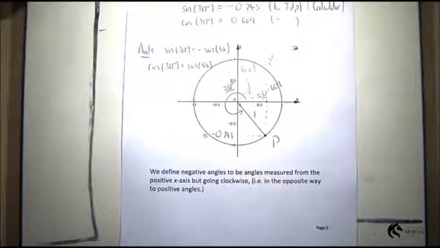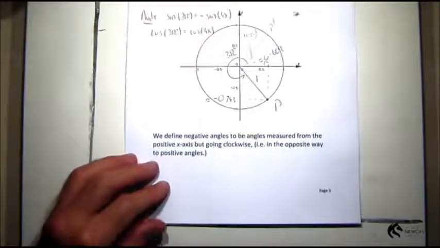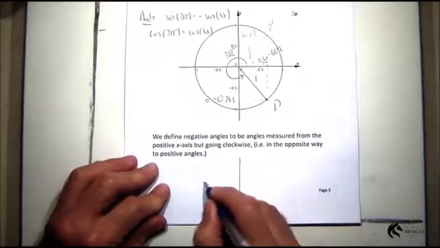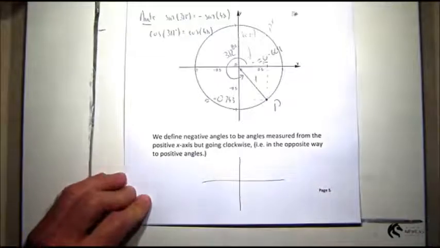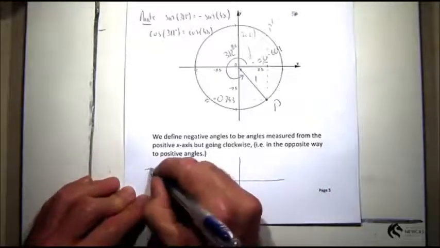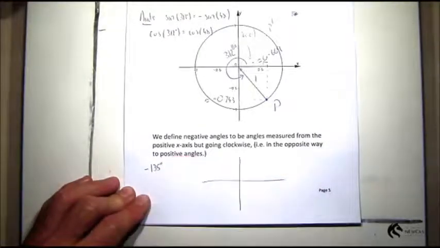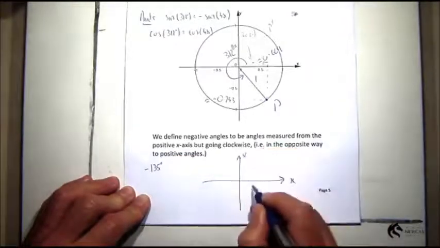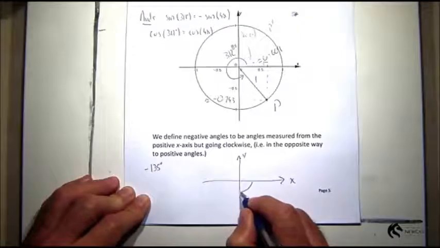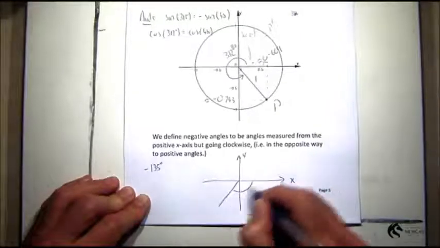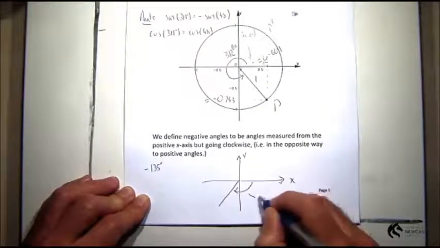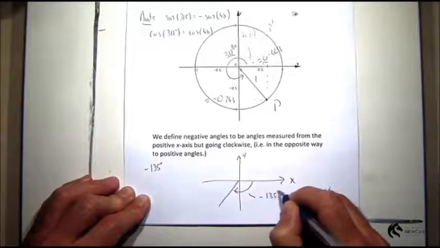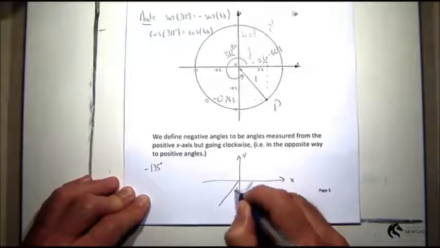So for example, if I were to draw a little one down here, it says minus 135 degrees, for example. I would start here at x, y, and I would go around here 90 and another 45. So there we go. That angle would be minus 135 degrees going that way.